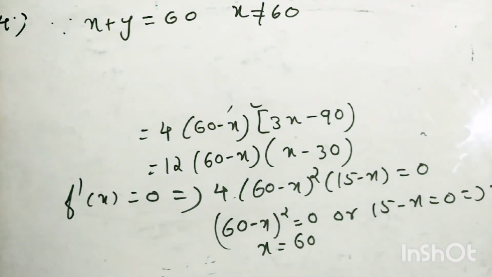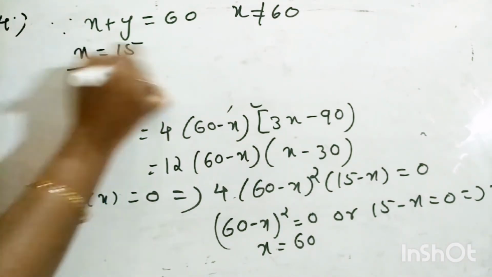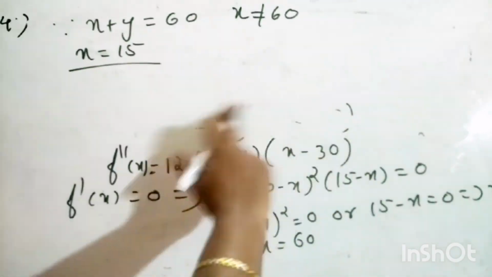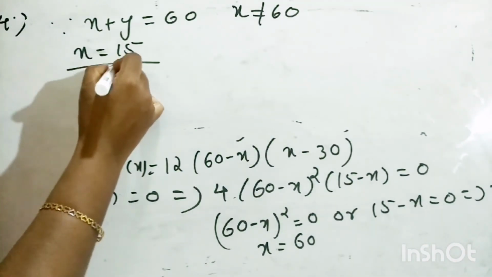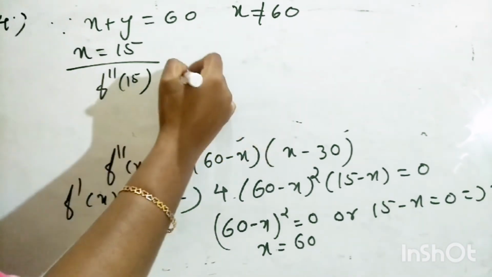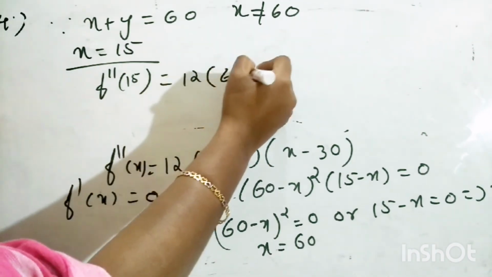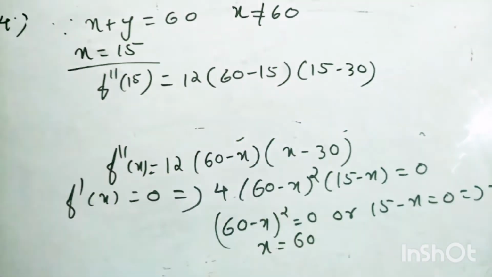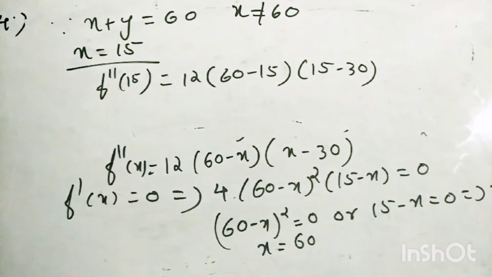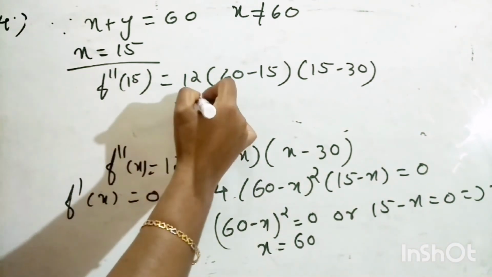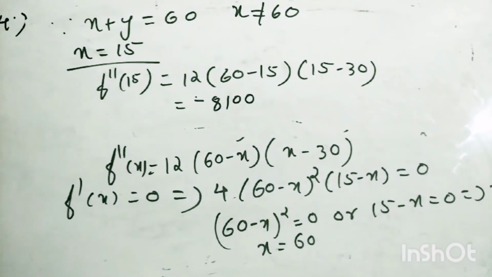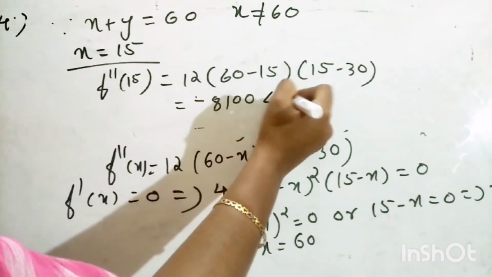Now x = 15, and this is our f''(x). We need to find out the sign of f''(x) at x = 15. So f''(15) is equal to 12 into (60 - 15) into (15 - 30), and this is equal to, we will get minus 8100, and it is less than 0.